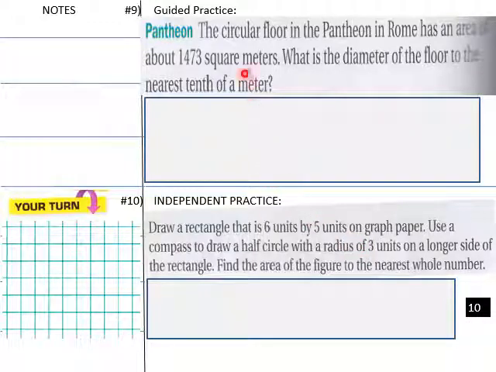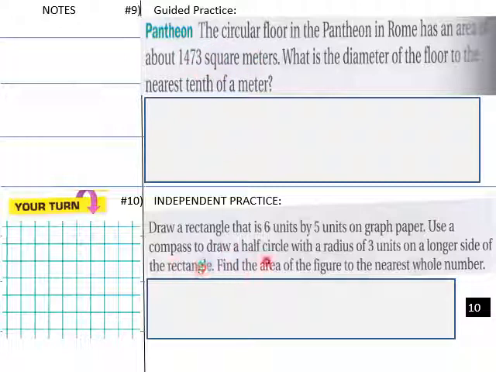So let's try an example here. The circular floor in the Pantheon in Rome has an area of 1473 square meters. What is the diameter of the floor to the nearest tenth of a meter? So we want to find the diameter of this circle with this area.